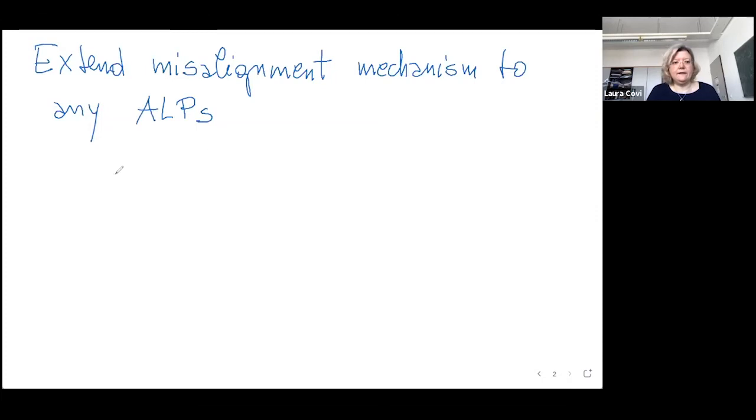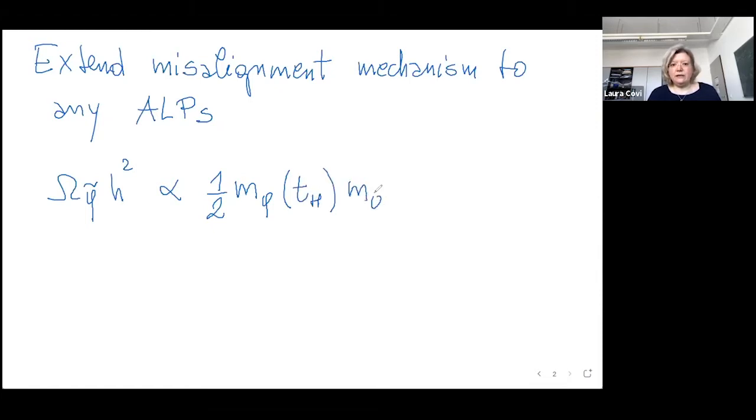So in that sense, you then have a density of ALPs which is again proportional, similarly to what we did in the computation, only that now you cannot write everything just as a function of f_a. You also have dependence on the mass. In particular, you have the dependence on the mass at the time where the mass is equal to the Hubble parameter, which I call T_H, and of course the mass today.